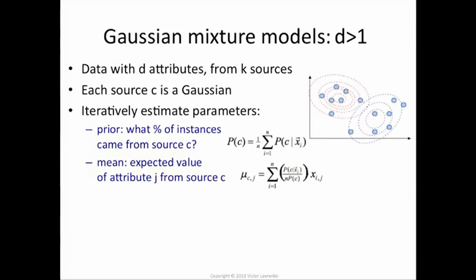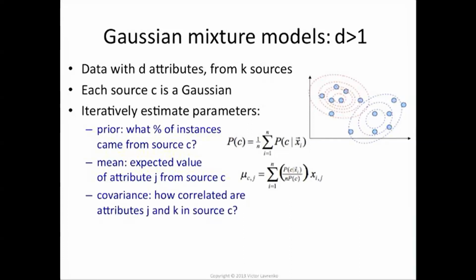So the mean vector is going to be the average of all the instance vectors weighted by the probability that that instance came from Gaussian C, from the source C, right? And you do it for each attribute J in your set of attributes. So that's what you do for the mean.